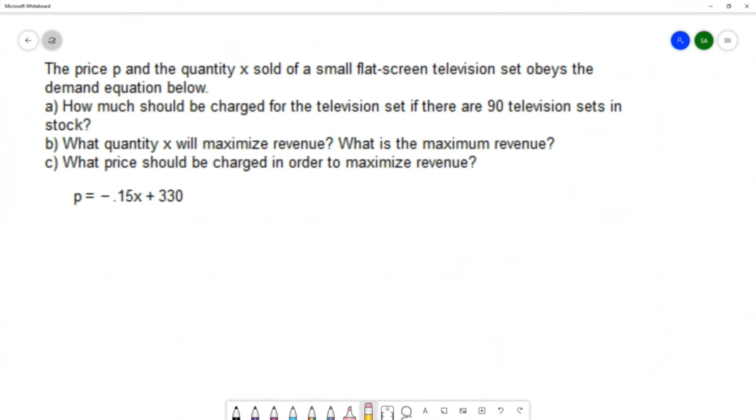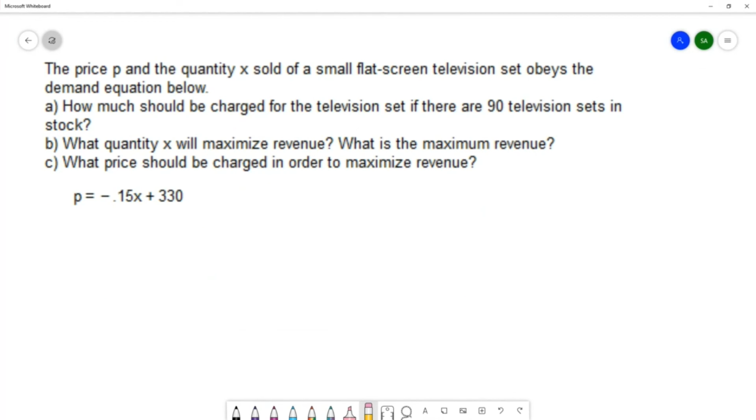So in the first part, it says how much should be charged for the television set if there are 90 television sets in stock. And we have this equation at the bottom with the variables P and X. Up here, it's stated that P stands for price, and X is the quantity sold.